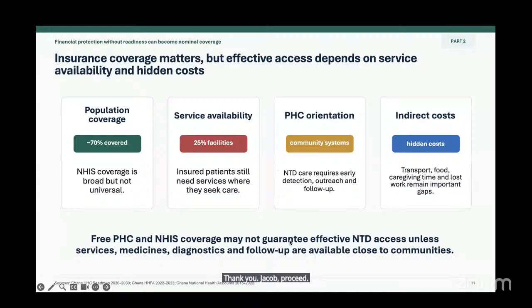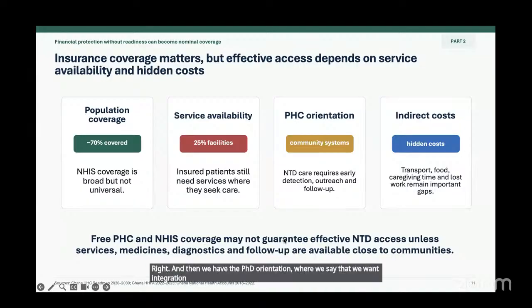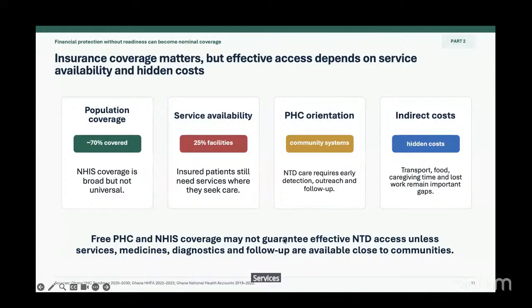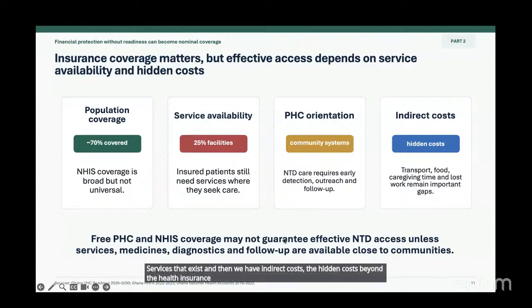Right. And then we have the PHC orientation, where we say that we want integration, and that should be done from the very lowest level so we can have better access to communities, detect cases earlier and treat, including outreach services that exist. And then we have indirect costs, the hidden costs beyond the direct cost that health insurance provides.